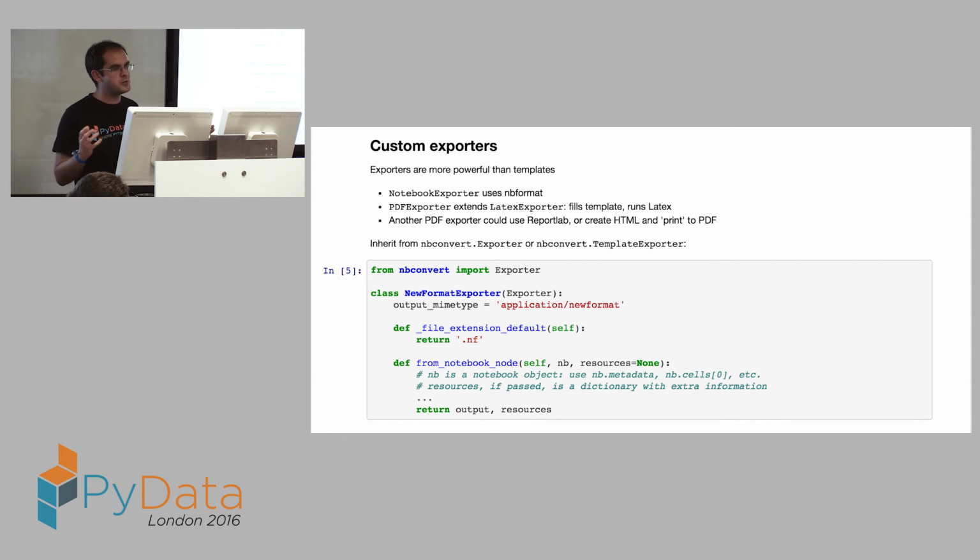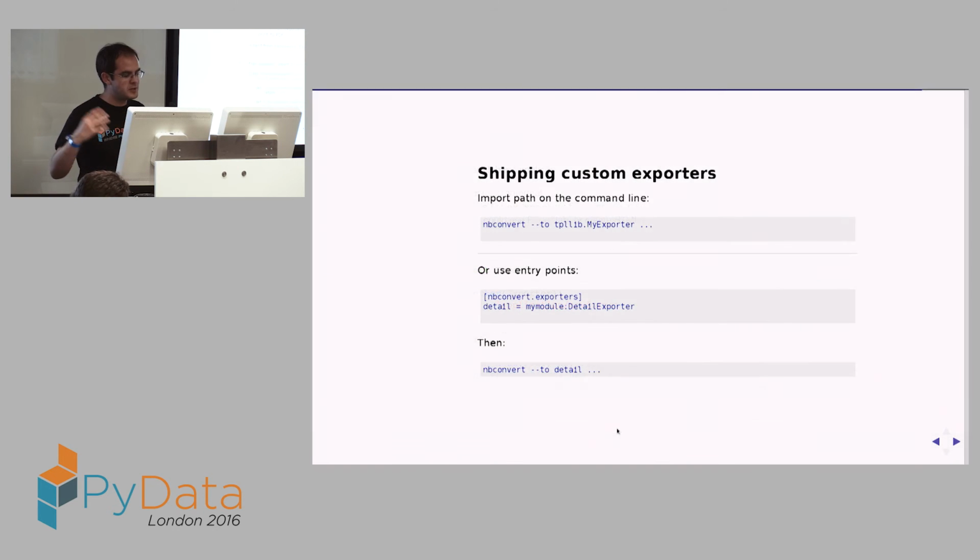Don't worry too much about resources for the moment, but if you get into doing this a lot, then you'll probably find uses for it, and it returns the output and the modified resources if necessary. The resources can include things like external files that it refers to. So if you have images, then not all formats can have images inline, so it may have to have them as separate components.